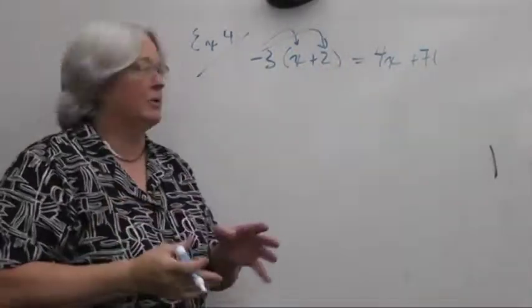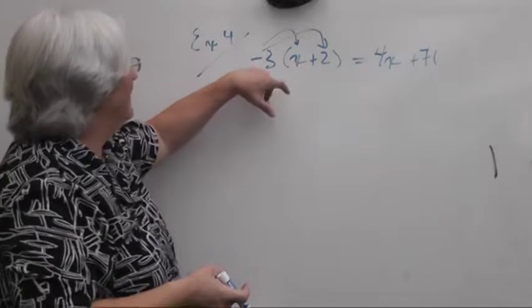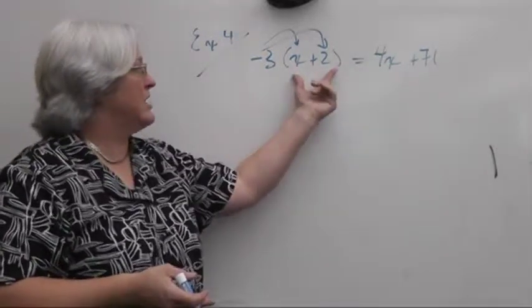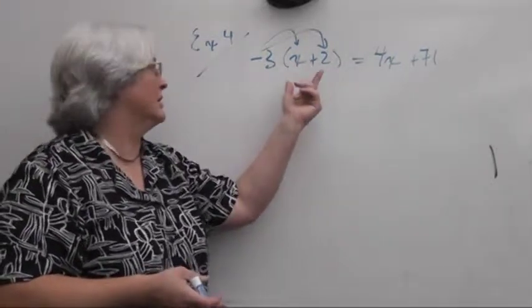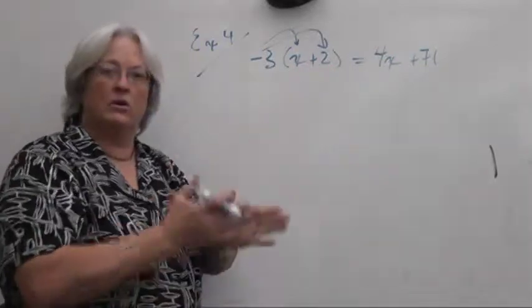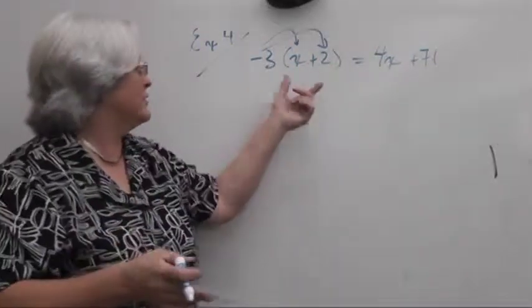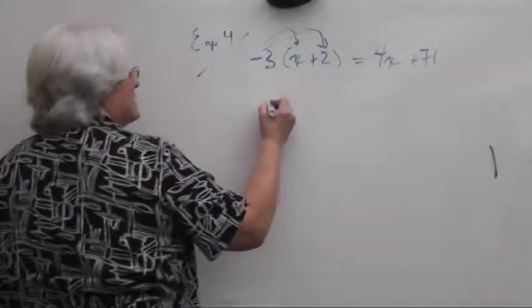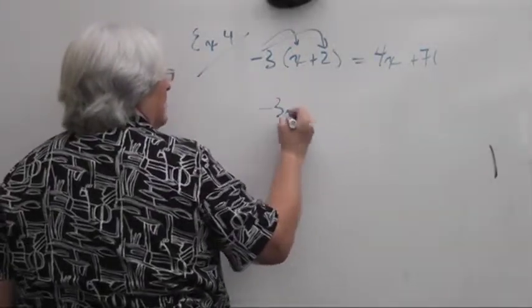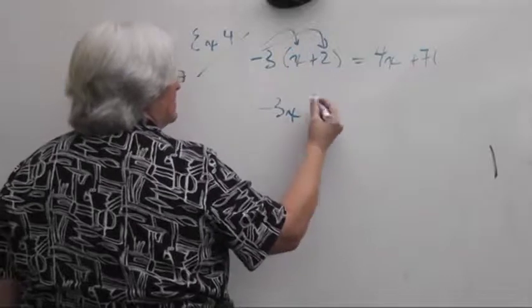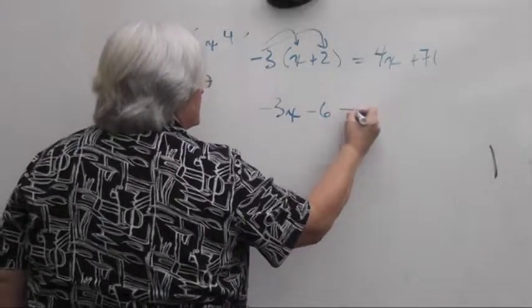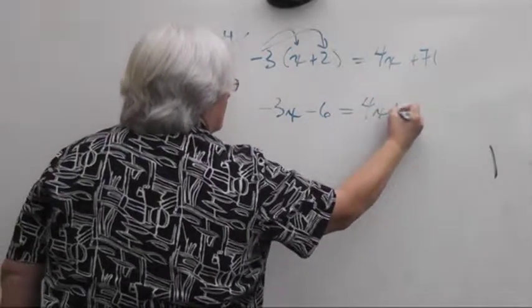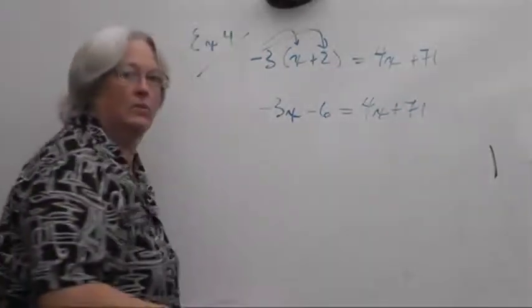And remember, when you distribute a negative sign, it's going to have the effect of changing the signs of every term that appears within those parentheses. -3 times a +x, -3x, -3 times a +2, minus 6 is equal to 4x plus 71.